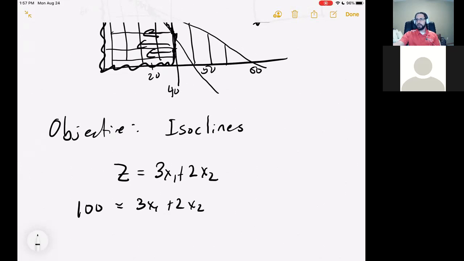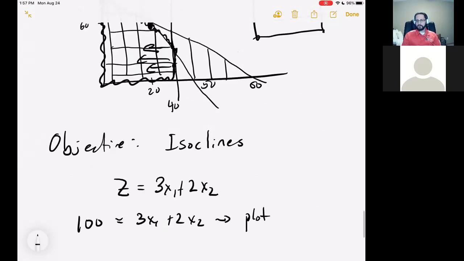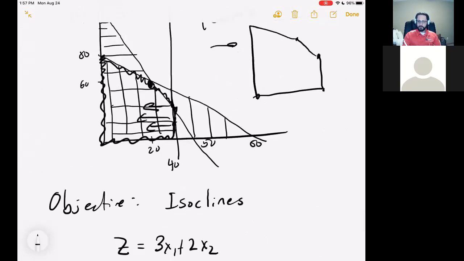So why am I making this attempt? Because now this is a particular line that I can plot. So going back, if I actually plot it, let me find my image.